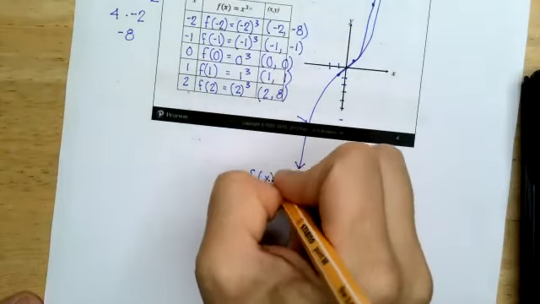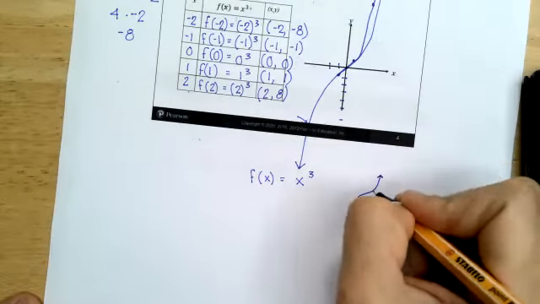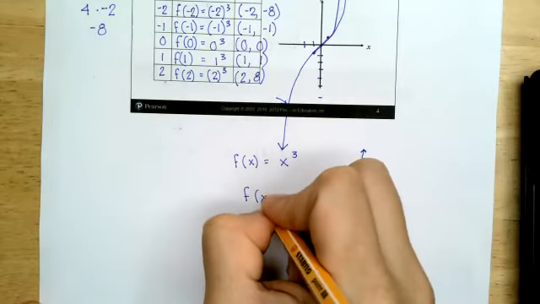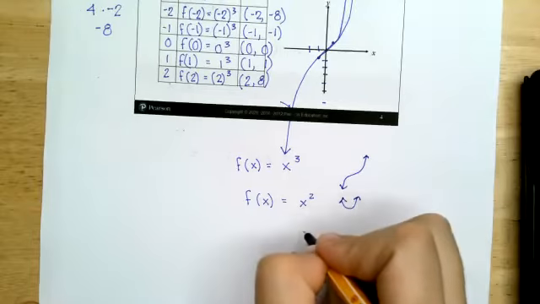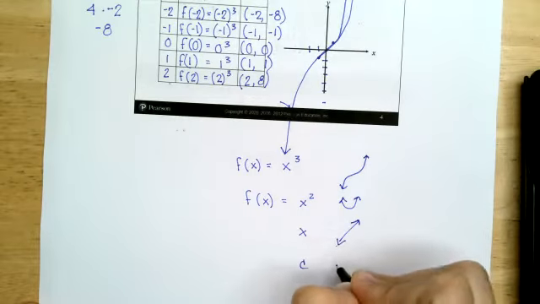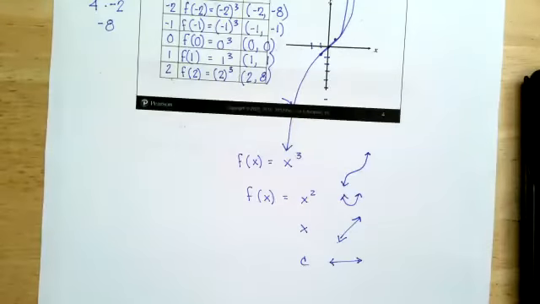So f of x is x cubed, looks like that. X squared looks like that. X looks like that. C looks like that. We're just memorizing these. That's called constant. That's called linear. That's called square. That's called cube.